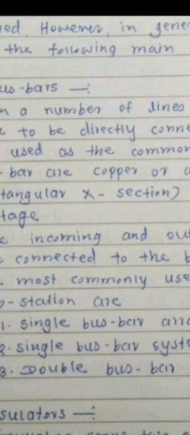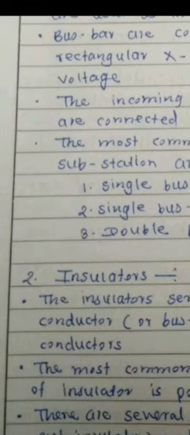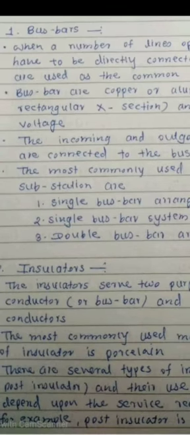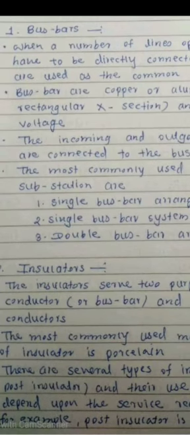Second is the insulators. Insulators are used for two purposes. They support the conductor and confine the current to the conductors.